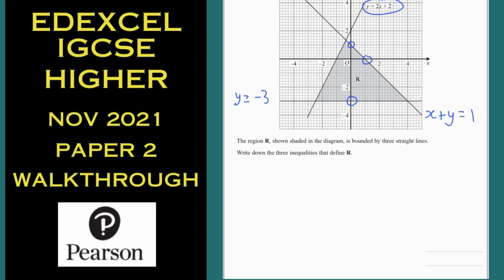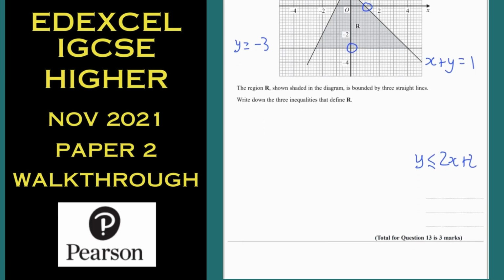And now you've just got to define your regions. So for this one, the height, in other words, the y, is underneath that line. So y is underneath 2x plus 2. I can now scroll down and get rid of that. On this one, the height needs to be above negative 3.